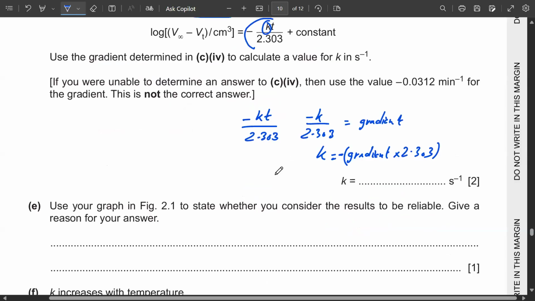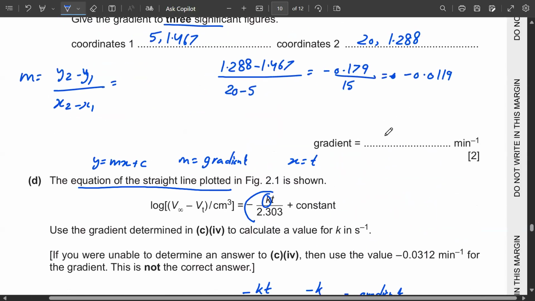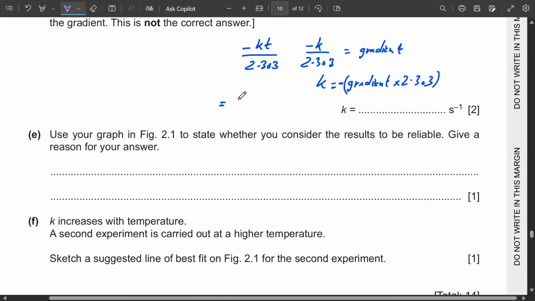So you have to put the value which you have calculated for the gradient. It was minus 0.0119. So minus 0.0119 times 2.303.